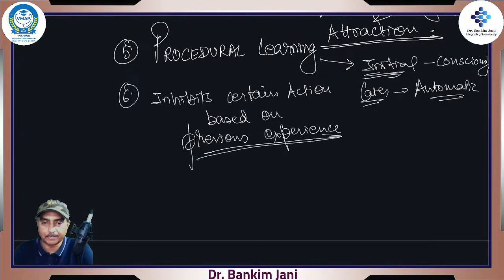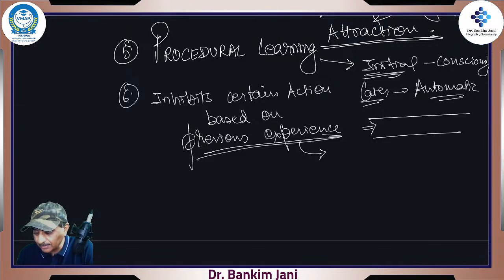This is crucial. That's the reason that we say experience is a big teacher. Sometimes you tell someone, "Boss, don't do this," still they do it. And then when they get the bad results, this thing gets registered into the brain. This is that part, the caudate nucleus.